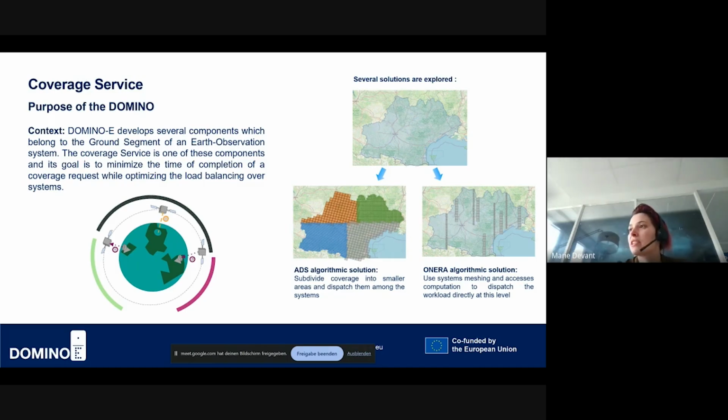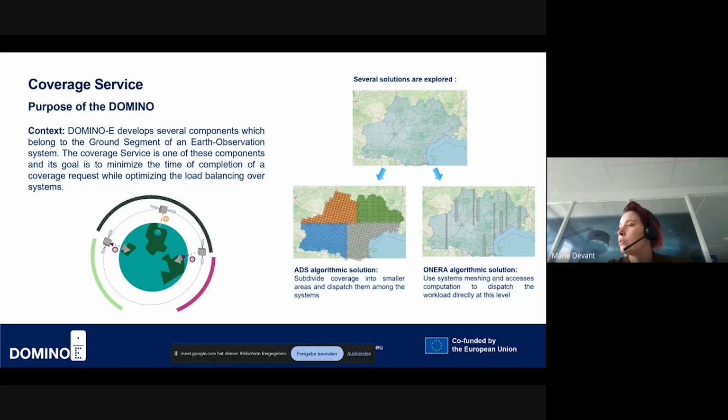So the coverage service's goal is to minimize the completion time of a coverage request while optimizing the load balancing over systems, which means that you have a large area to cover, you submit it, and the two algorithmic solutions that ADS and ONERA have developed will create a dispatch of this area that will be requested to several mission chains.